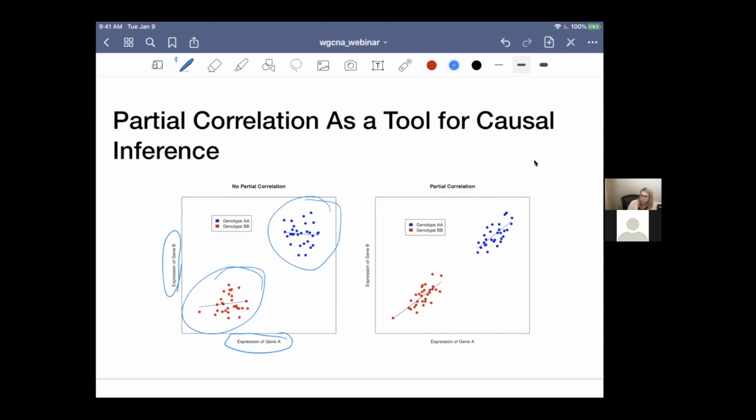What a partial correlation does is go in and say, okay, but within these dichotomized groups, are they correlated as well? So do we still see correlation even when that source of variation, the cis-eQTL, is removed?